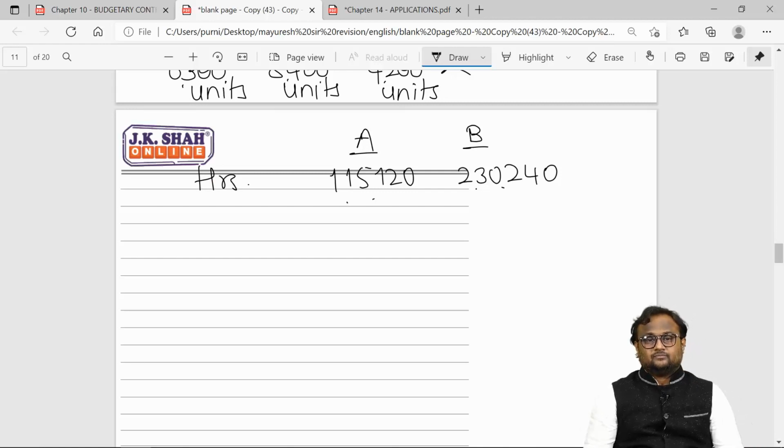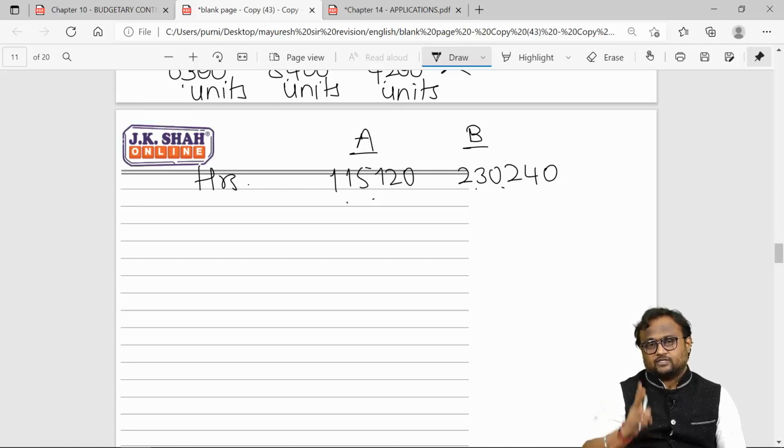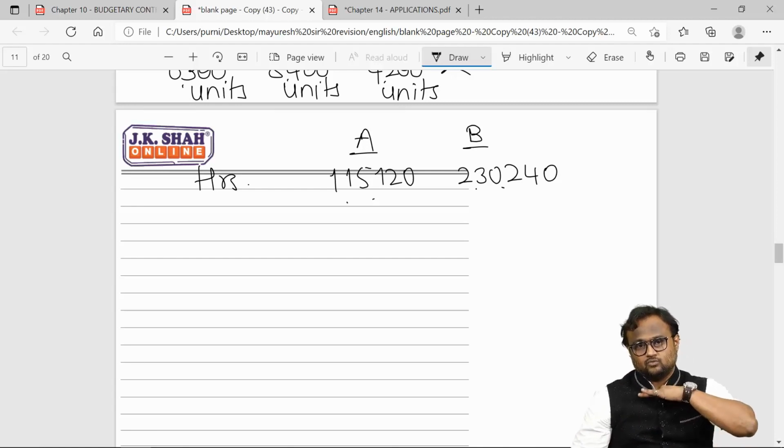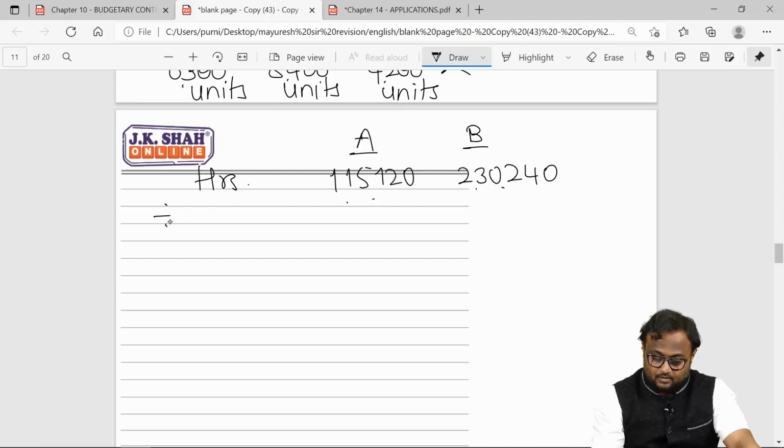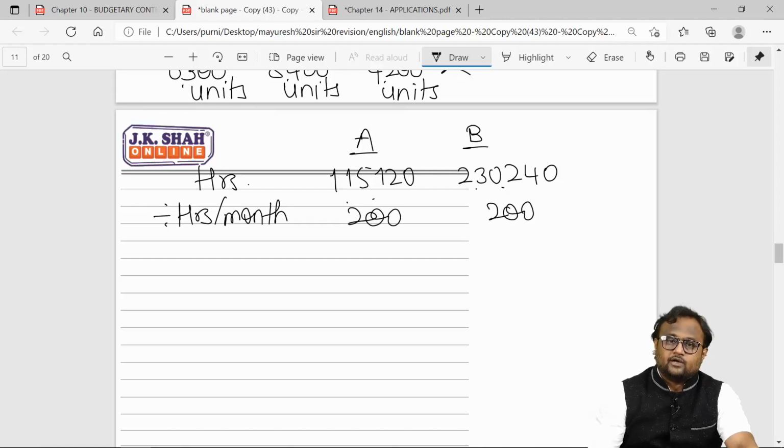Boss, in order to sell the quantity which we have decided in the first working note, in order to produce the production quantity which we have decided in number 2, I need so many hours. I know my one worker works for at the most 200 hours.